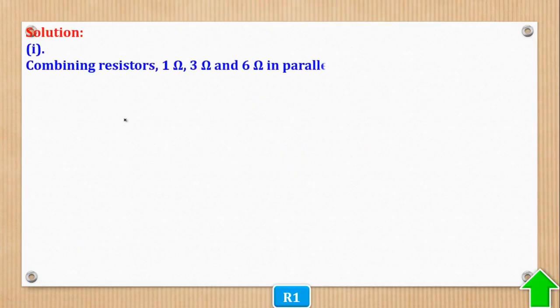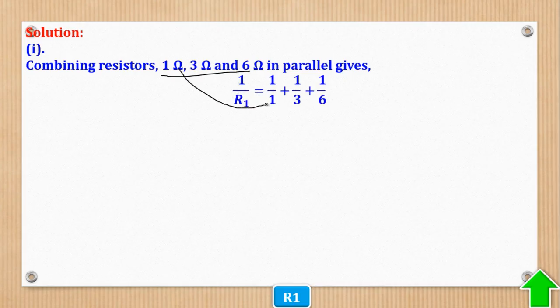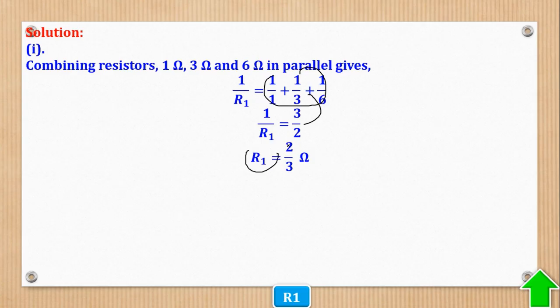Therefore, combining these three resistors in parallel, I'll use the knowledge of reciprocal, so 1 over R1 is equal to 1 over 1 plus 1 over 3 plus 1 over 6. Using a calculator, the whole of this gives you 3 over 2. Meaning that when I get the reciprocal, I'll come up with R1 equal to 2 over 3 ohms.